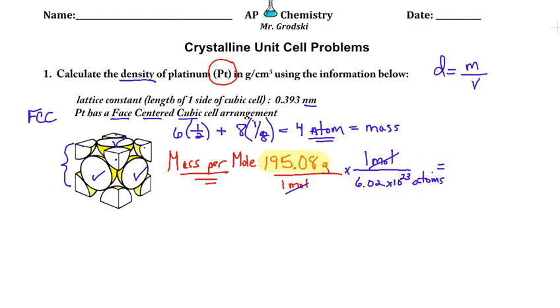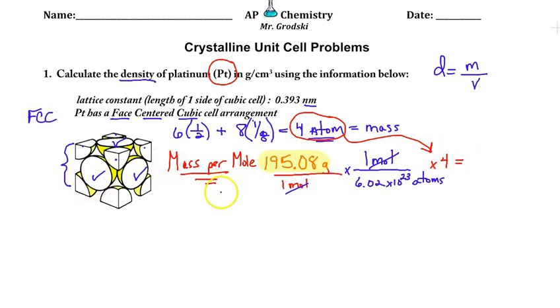Before I do that, this will give me per atom, but what we found is that we need the mass per 4 atoms, because I'm going to find the density of this cube. So I'm going to multiply this by the 4, and that's where this 4 atoms comes from. I needed to know the crystalline structure to figure out how many atoms, and a face-centered is always going to be the 4.